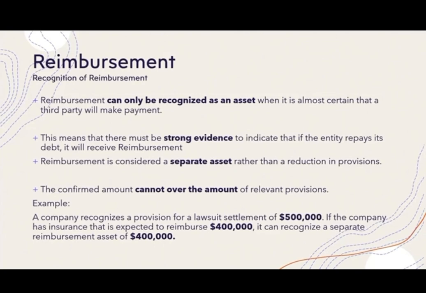For example, a company needs a provision for a lawsuit settlement of 500,000. If the company has insurance that is expected to reimburse 400,000, it can recognize a separate reimbursement asset of 400,000.